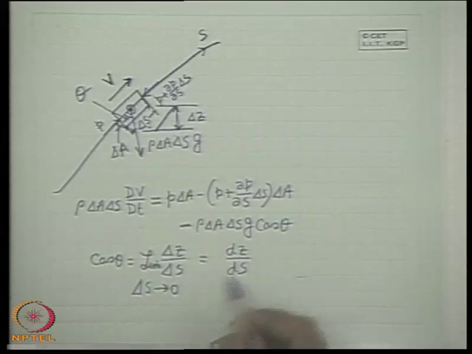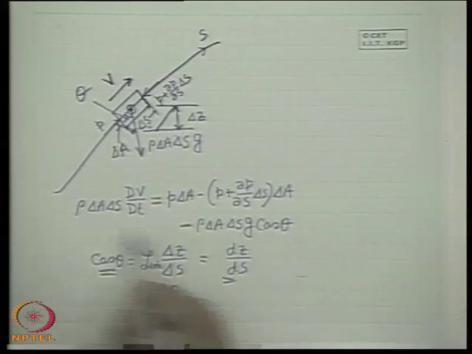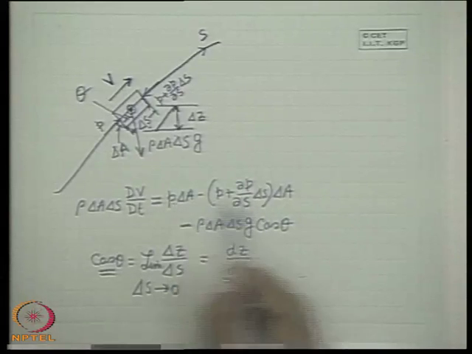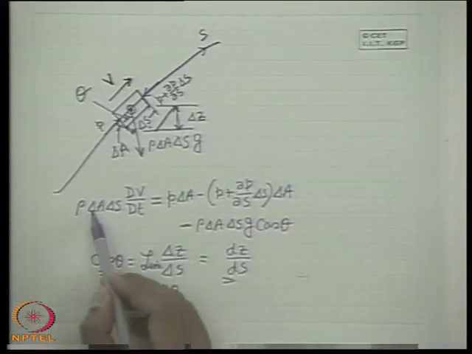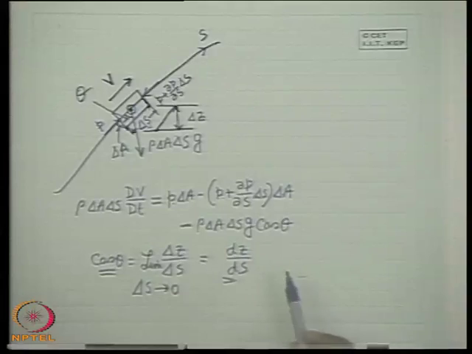So if we substitute this value of cos theta here and simplify, you see p del A cancels, del s del A cancels from both sides.